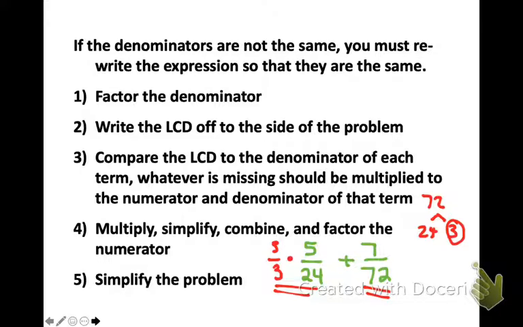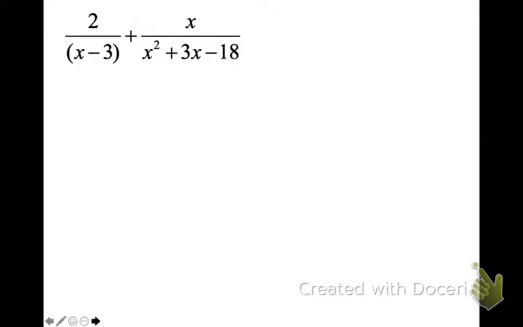All right, so these are the steps. Maybe you write those down, and we're going to try one. Okay, so I'm looking at this one, and I can see the first denominator is already simplified. So now I'm going to look at the second denominator. We're going to factor it.